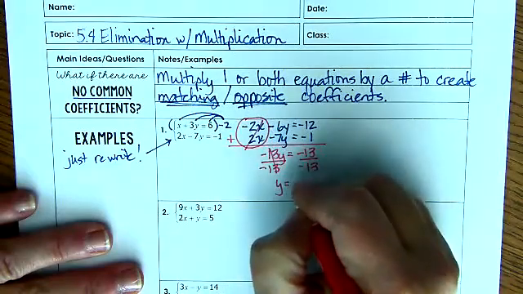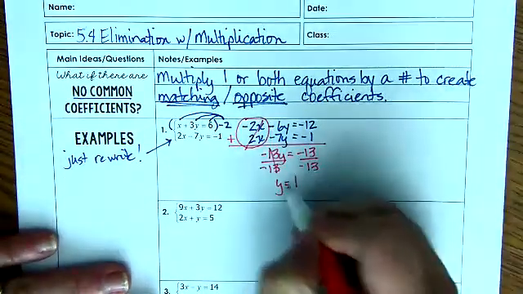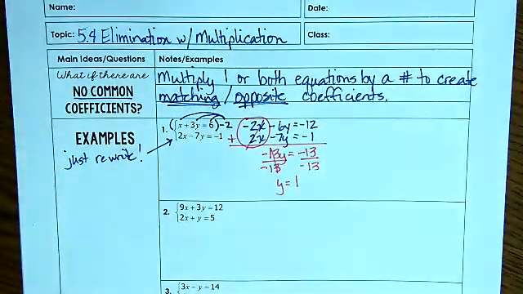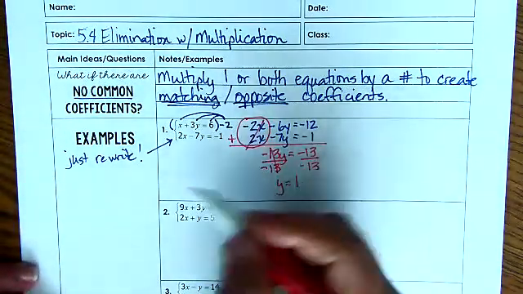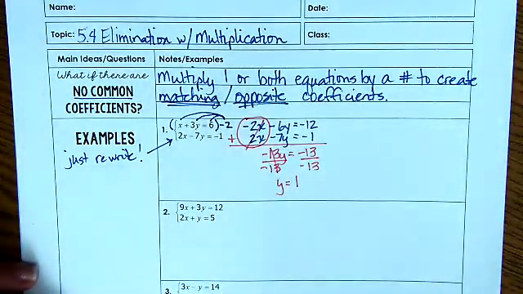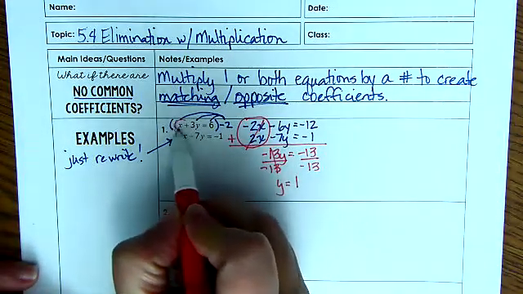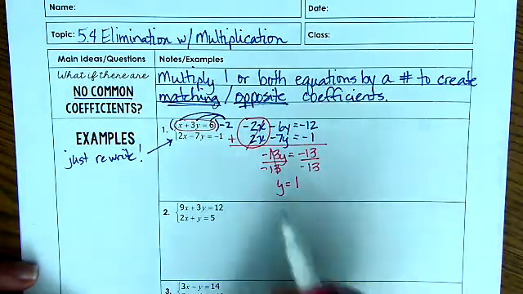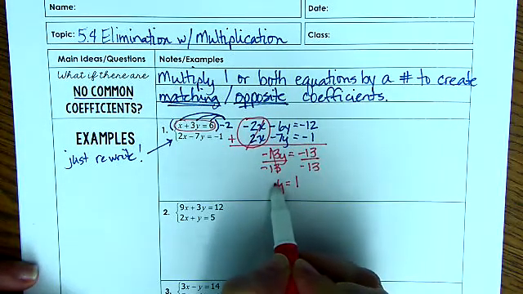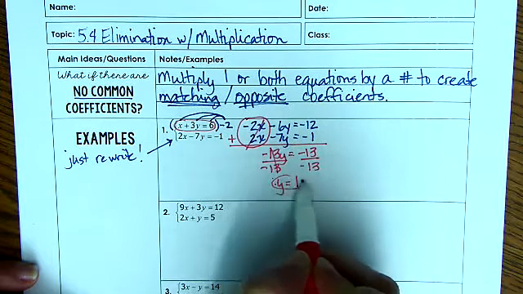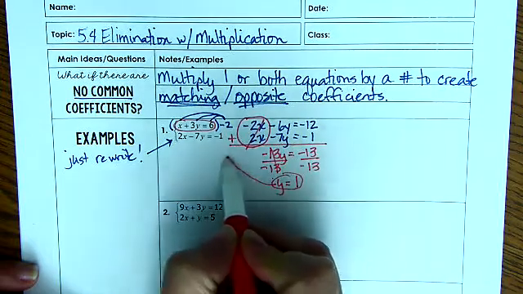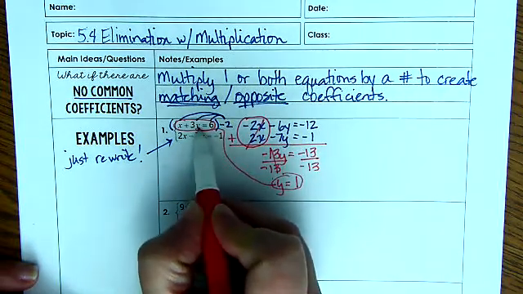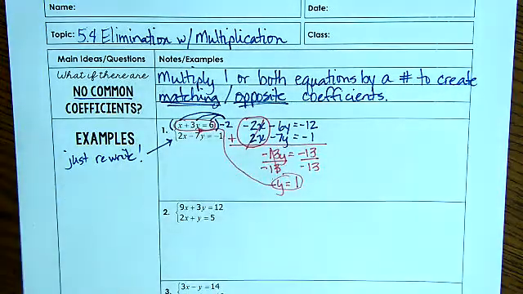y equals 1. So now I'm going to take this y and plug it in. I can choose whichever equation I want. This equation here looks easier to me because it's got one less coefficient. So I'm going to take this y that I found and plug it in for this y here.